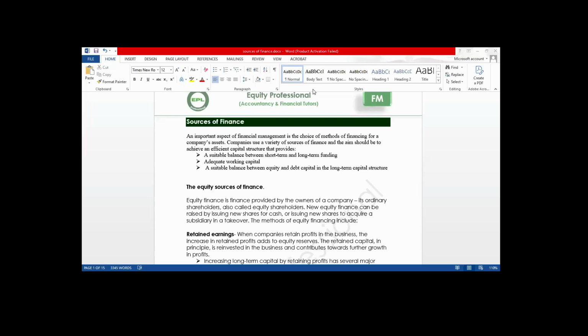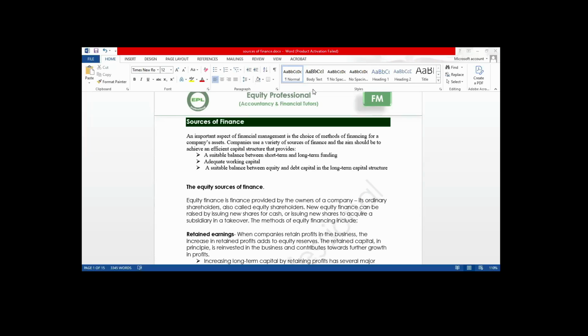So the capital structure must provide for a suitable balance between short-term and long-term funding. Number two, it should provide for adequate working capital. I'll repeat that.